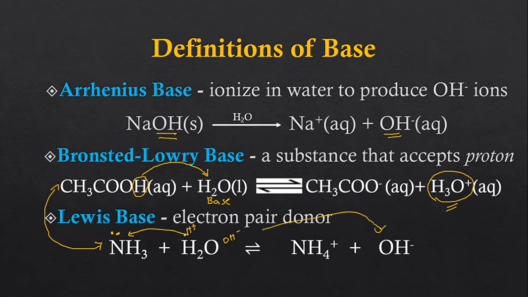Tapos yung hydrogen ion na kumabit kay ammonia, ito na siya. Okay? Yung ammonium ion natin. Okay? So, hindi pala ito magandang example yung nilagay ko sa Bronsted base. Pero makaklasify pa rin natin siya as a base, kasi nga, siya ay tumanggap ng proton mula sa isang acid. Okay?